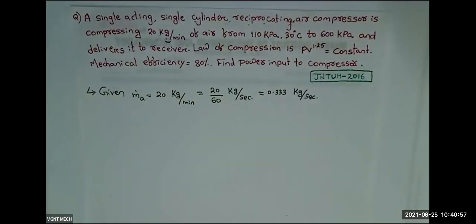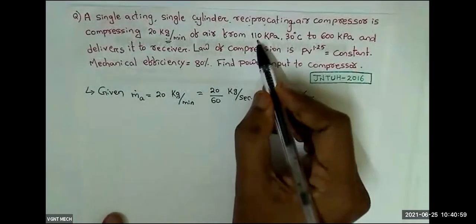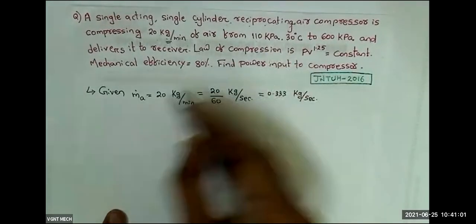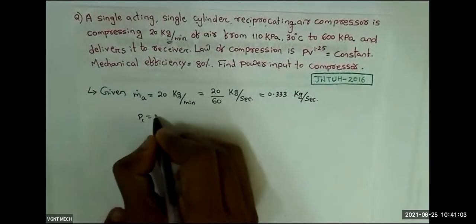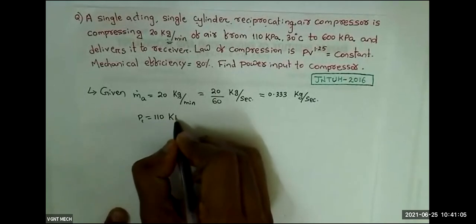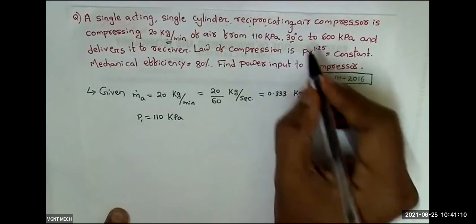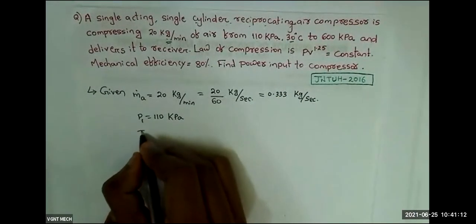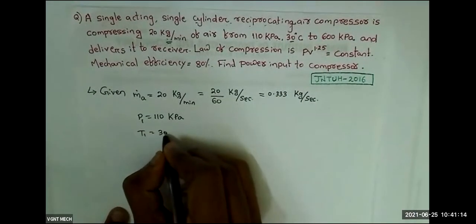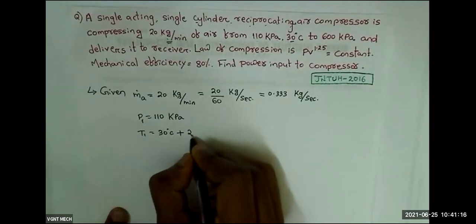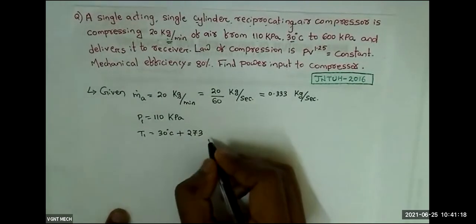That is the function of a compressor. So initially the pressure of air is 110 kilopascal, so P1 is equal to 110 kilopascal. Initially the temperature of air is 30 degrees Celsius, so T1 is equal to 30 degrees Celsius, and you always have to convert this into Kelvin.